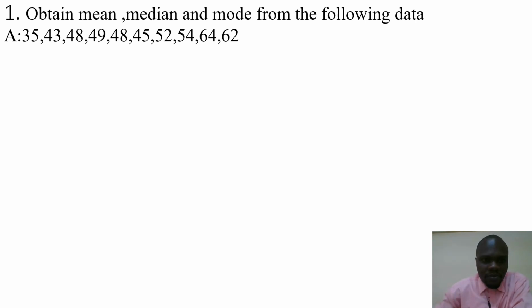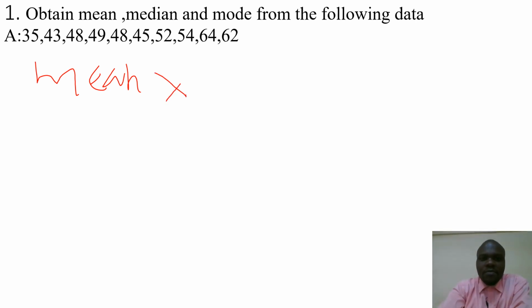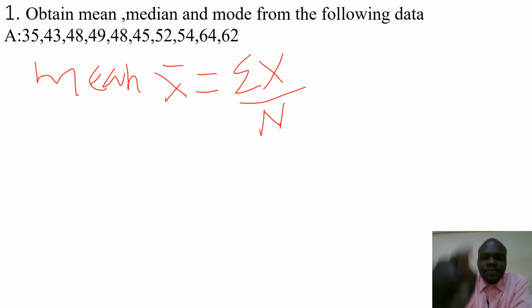And we know that to get the mean, which we can abbreviate as x bar, it is given by the summation of x divided by the total observation.